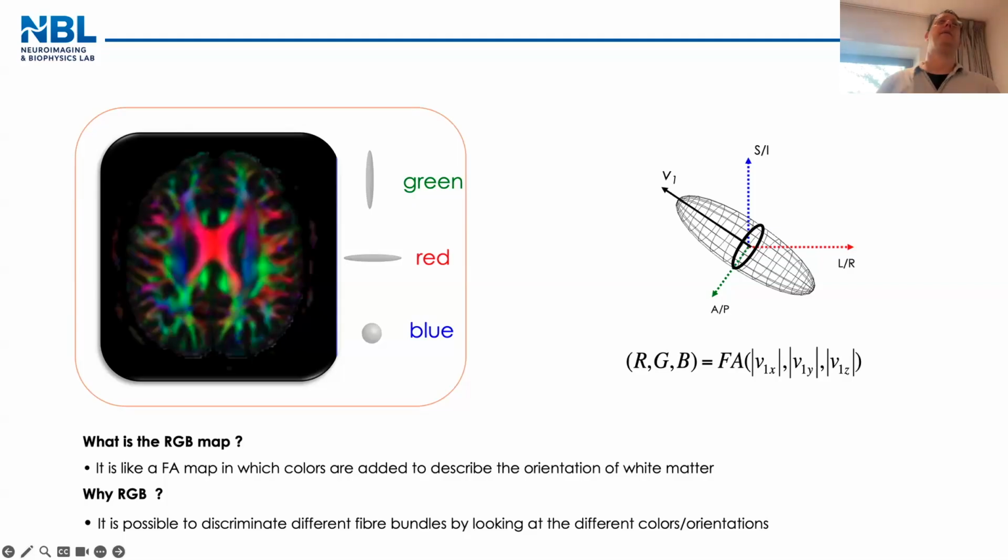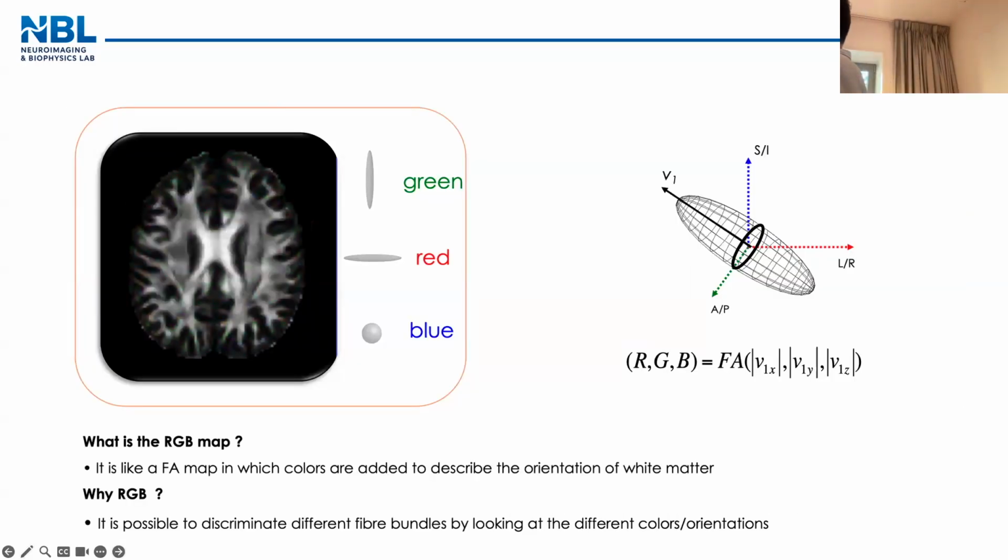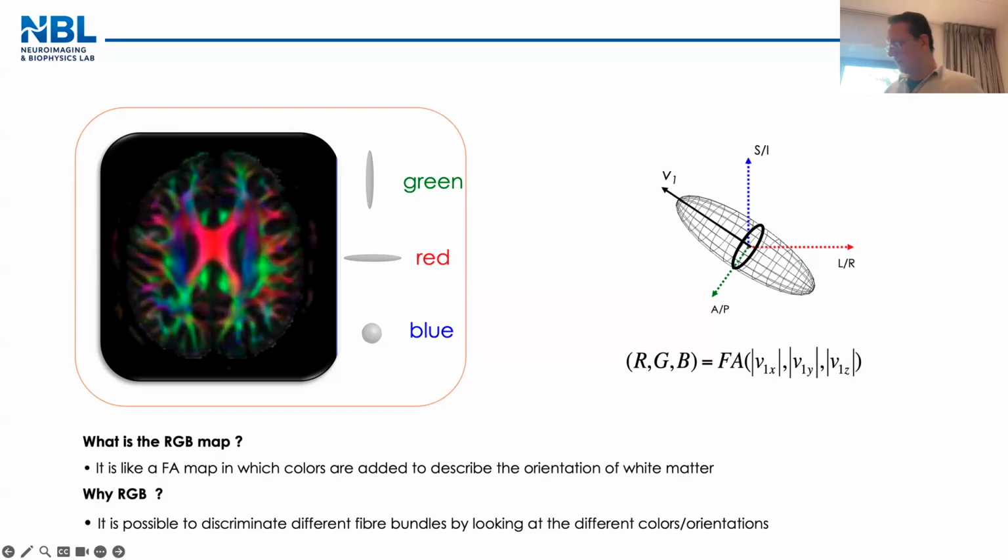Why is this representation important? It's important because neurosurgeons, even before doing tractography itself, are already using this map because they can see how the anatomy is being displaced. With FA alone, if you look at this region here, it's not clear which tract or bundle is passing by, but if you look at color, you already know clearly that there are at least two or three different trajectories, red, green, and blue, at the same time.